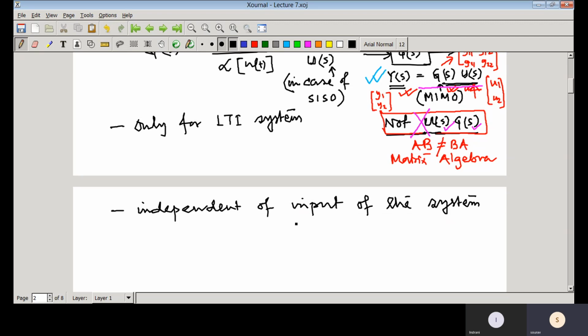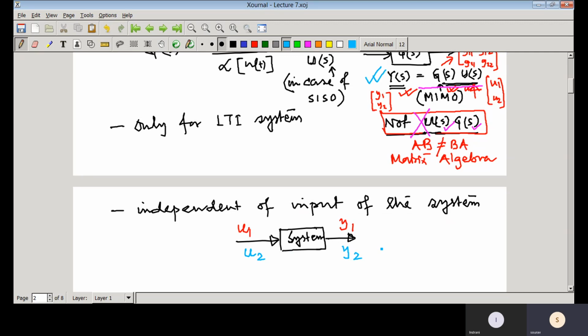What does it mean? Someone can say, okay, I have one dynamical system here. Suppose I apply input U1 and I will get output Y1. Then again, if I apply input U2, we will get output Y2. Similarly, you can apply different inputs and you will get different outputs. Now, in all cases, would you get different transfer functions?